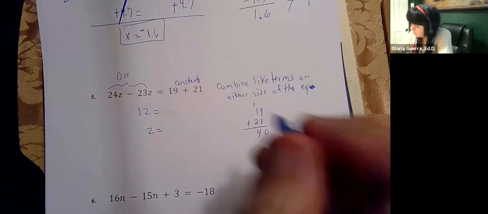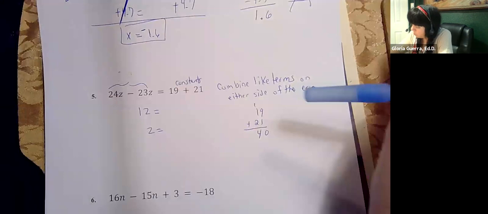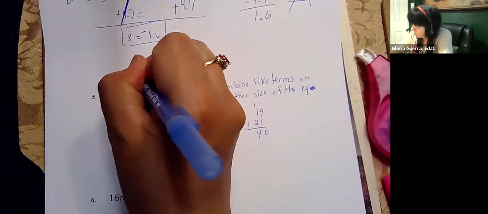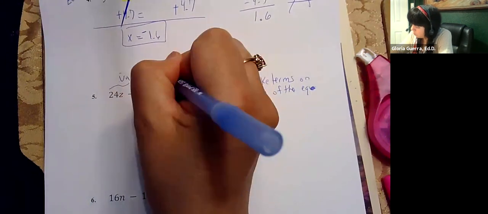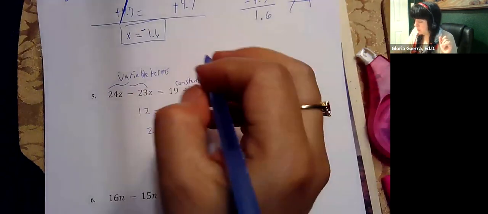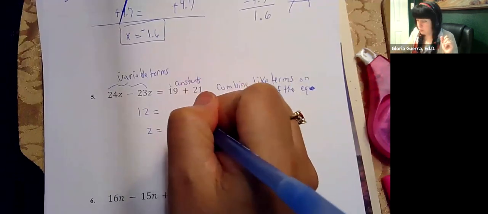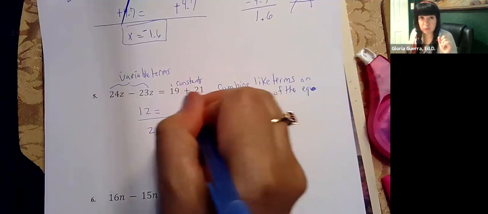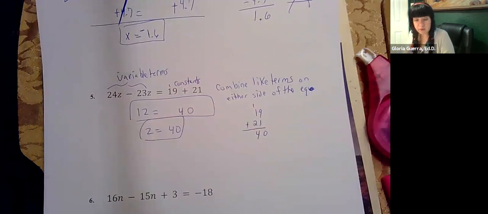These are variable terms. So 24z minus 23z is just 1z, z. 19 plus 21, 9 and 1 is 10. 1, 2, 3, 4. So you have 1z equals 40. So z equals 40.